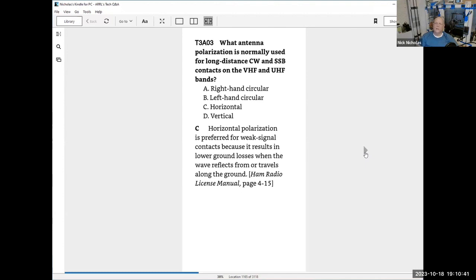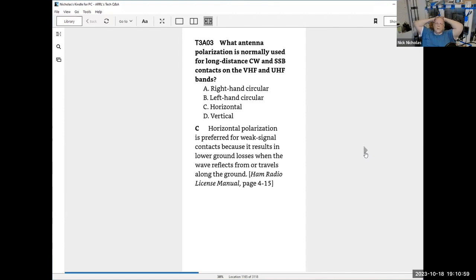Horizontal antennas are horizontal to the ground, and horizontal antennas generally work best for weak single signal, long range, and skip propagation.